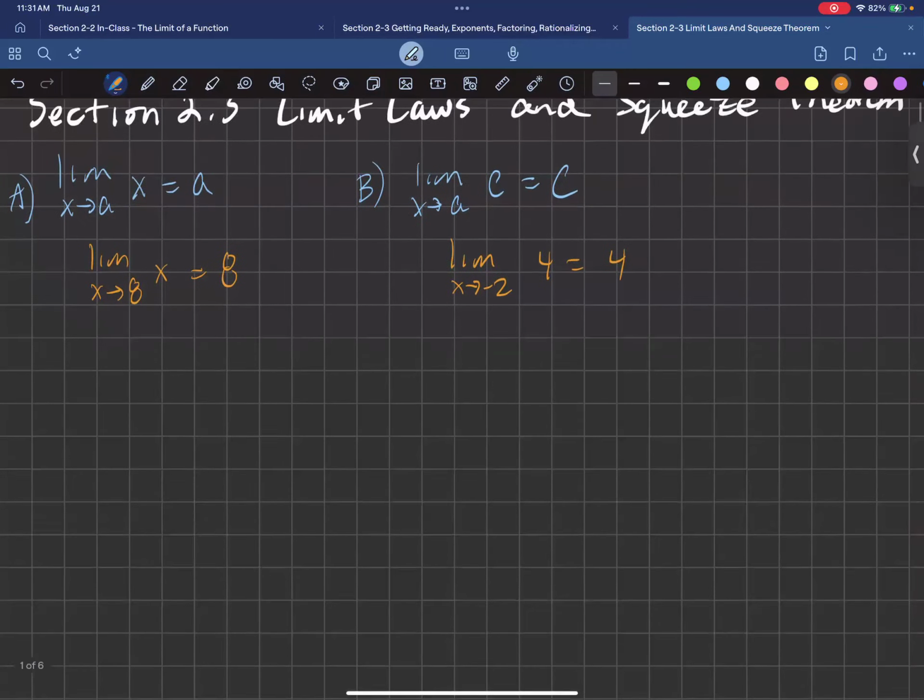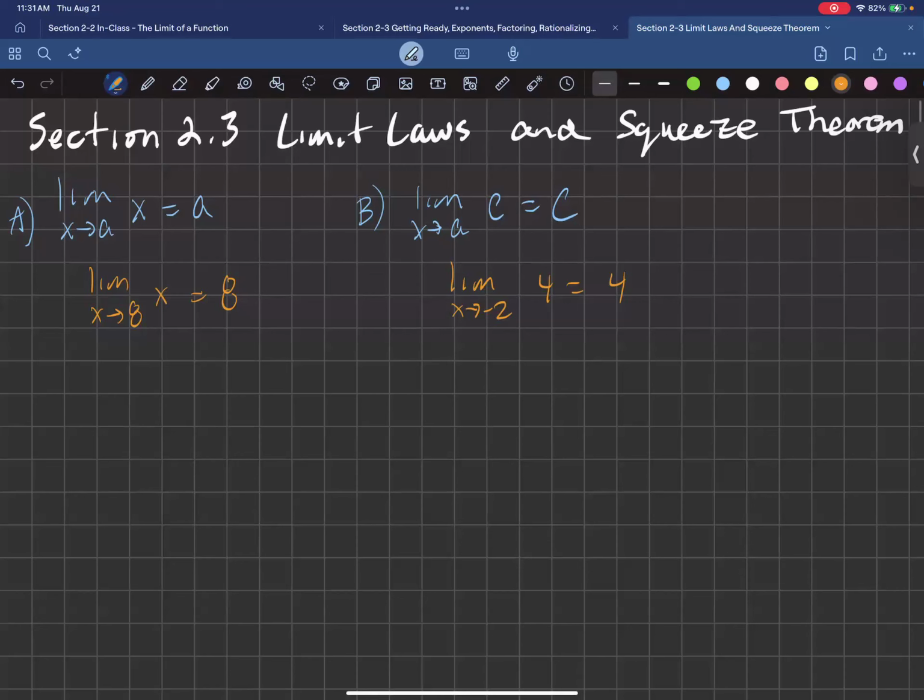Then we have a lot of laws that work on combining two functions.